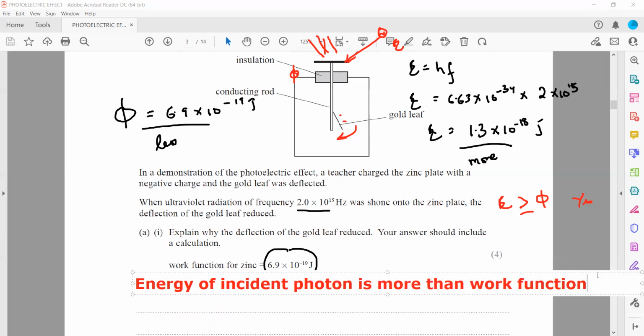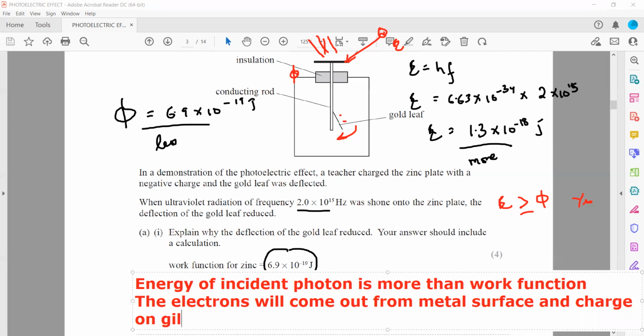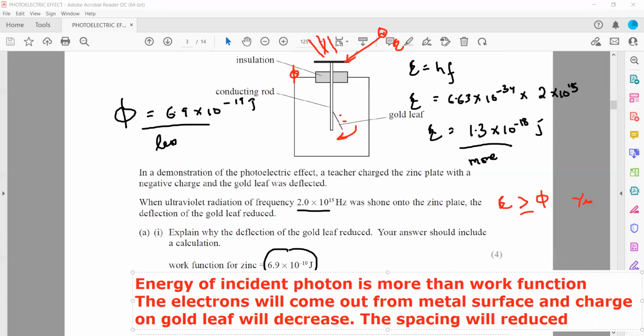The electrons will come out from the metal surface and the charge on the gold leaf will decrease, and as a result, when the charge on the gold leaf decreases, the spacing will reduce between the conducting rod and the gold leaf.